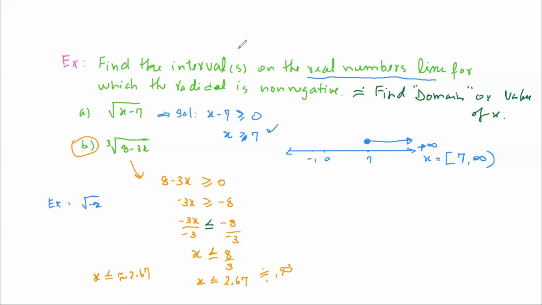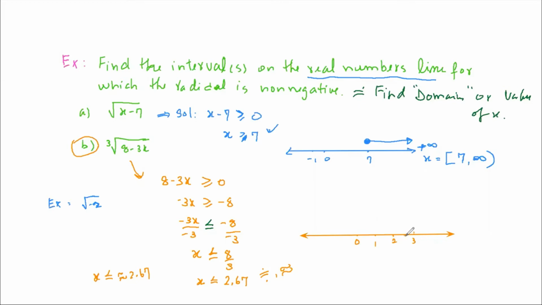Plot the graph, right? Less than, so maybe 0 here, 1, 2, 3 here. So 2 here, 3. 2.67 is approximately about here, right?